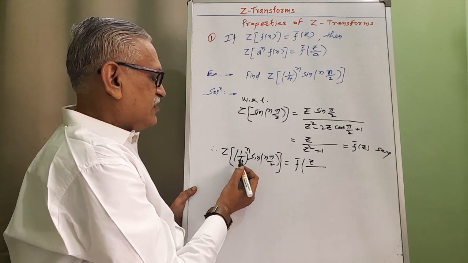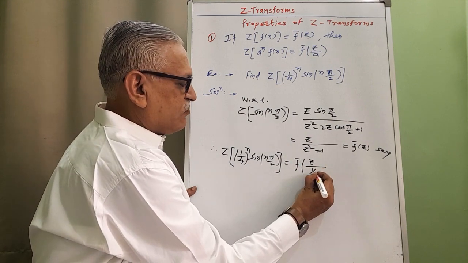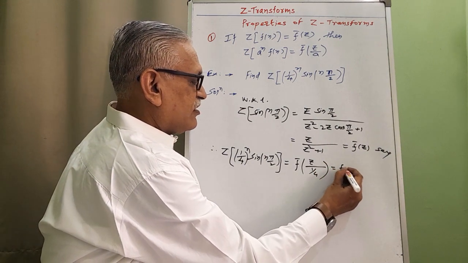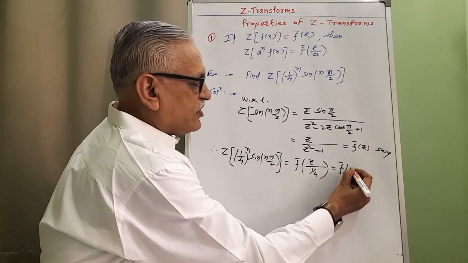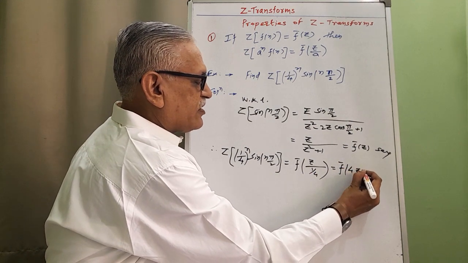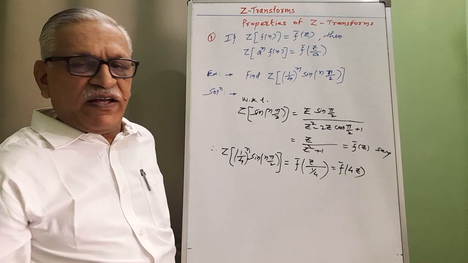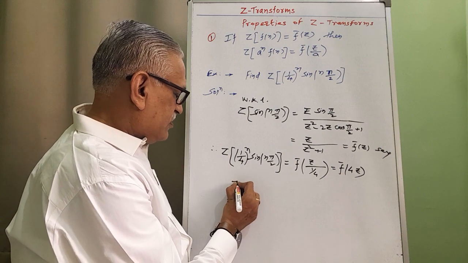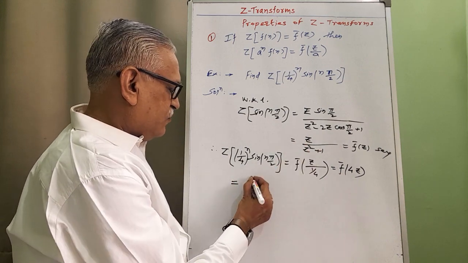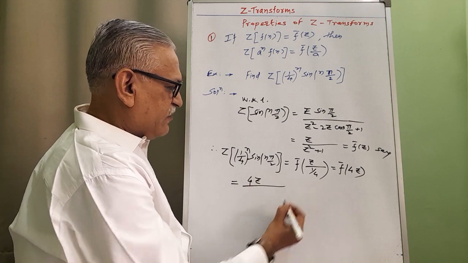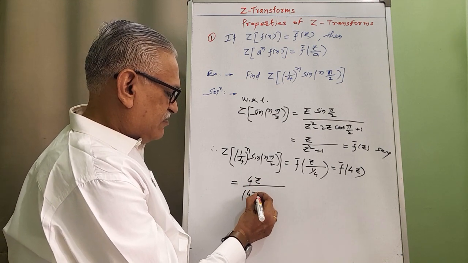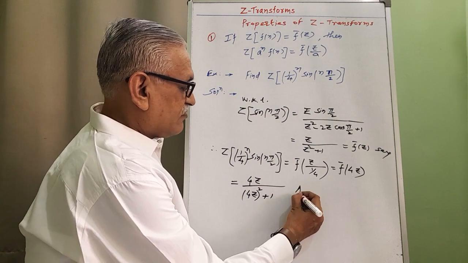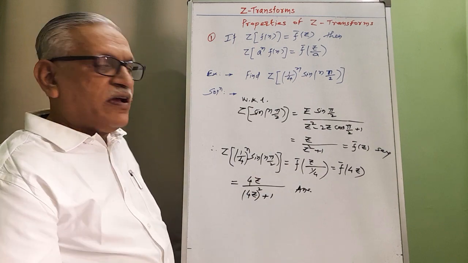A is here 1 by 4, therefore divided by 1 by 4, nothing but f bar of 1 upon 1 by 4, it becomes 4 into z. Means replacing z by 4z throughout this result, and therefore it becomes 4z divided by 4z whole square plus 1 as the required result.